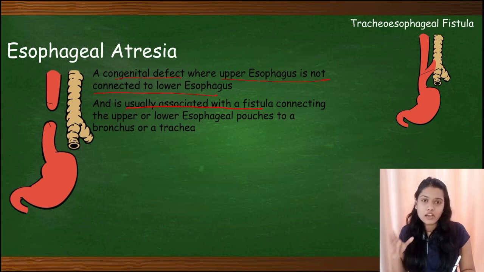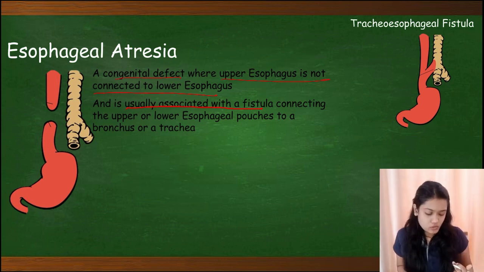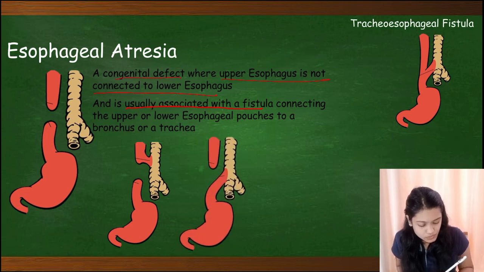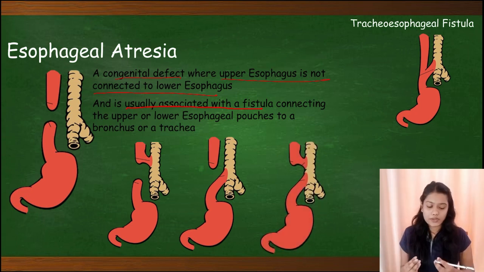It can be alone, but most of the time it is associated with a fistula connecting the upper or lower esophageal pouches. Here you can see atresia with proximal fistula, whereas it can be atresia with distal fistula, and sometimes there is atresia with dual fistula.